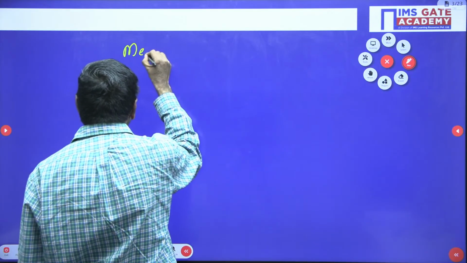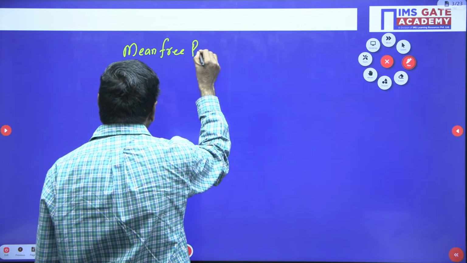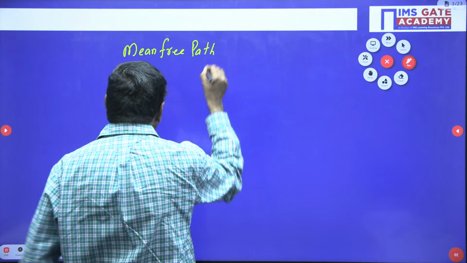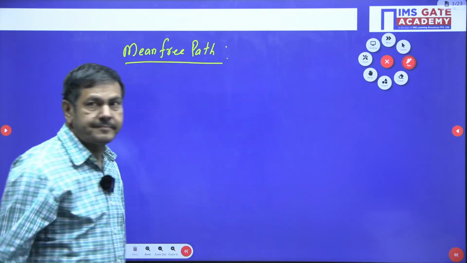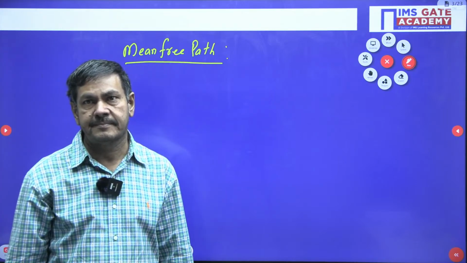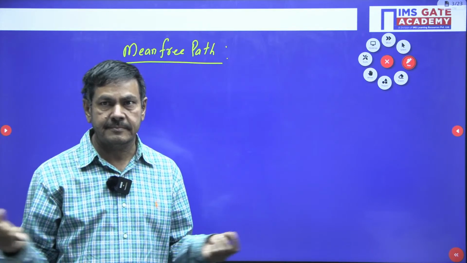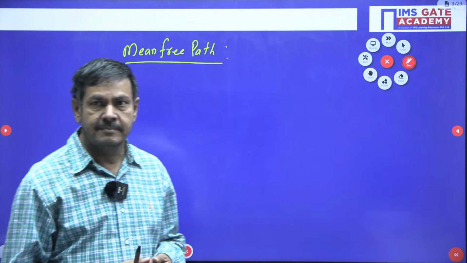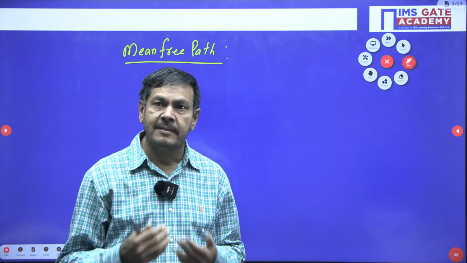These definitions are very important. What is mean free path? Suppose I selected any conductor. In a conductor, whenever you apply any electric field, any supply is connected, what is going to happen? Electrons are going to move.